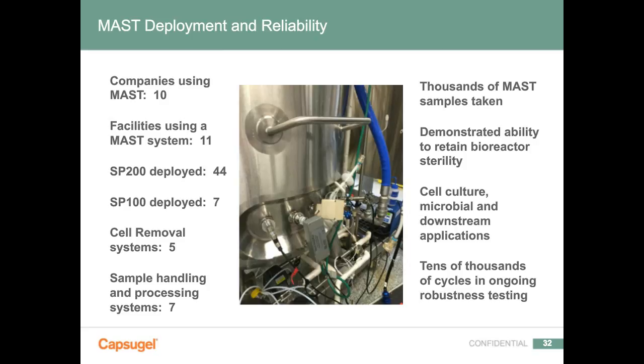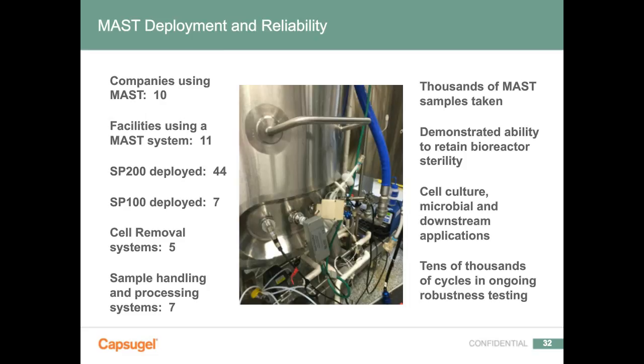A lot of them were prototypes, and we now utilize the system, but there are 10 MAST systems out currently, at 10 companies and 11 facilities. We've deployed 44 of the SP200s and 7 of the SP100s. We have 5 cell removal systems out in the field and 7 of the Gilson.